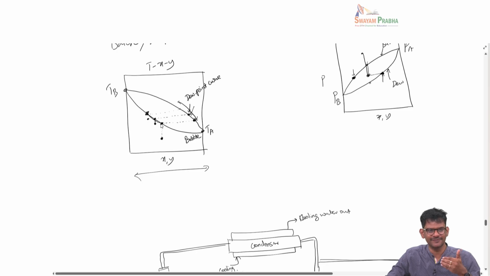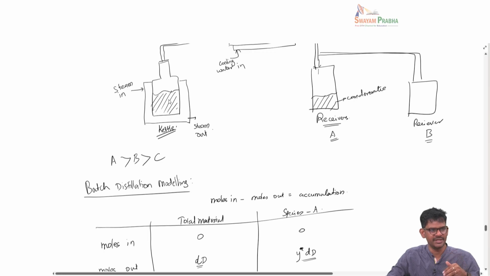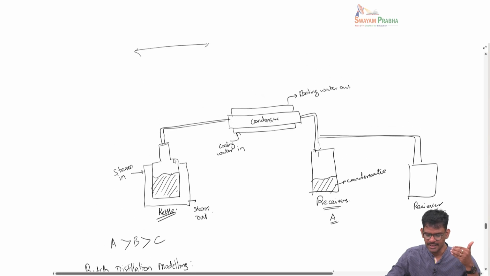That means the temperature of the kettle will keep on increasing as you continue, because you are going to lower and lower composition of X, meaning you are reaching close to TB. So if you were to put a thermometer here as the batch distillation happens, you will see the temperature keeps increasing, okay. And the vapor, as it is formed, is taken away to the condenser, and then you can collect it as liquid.